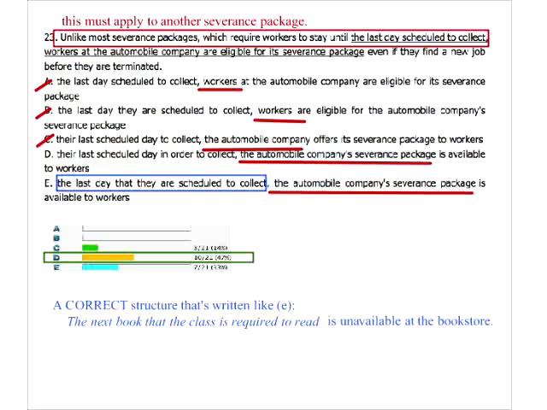Notice the way that this works when you have this kind of construction. The next book that the class is required to read implies that the class has to read the book. This works here because that's really what we mean. The class is required to read the book.